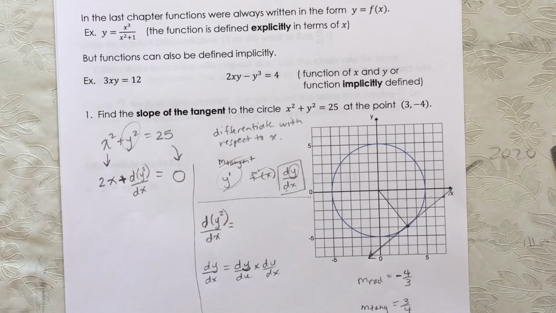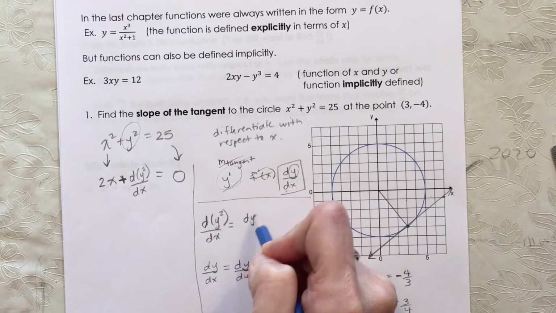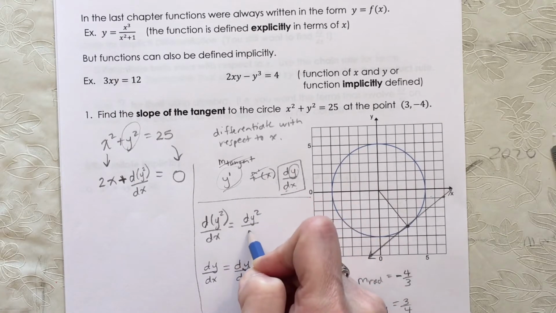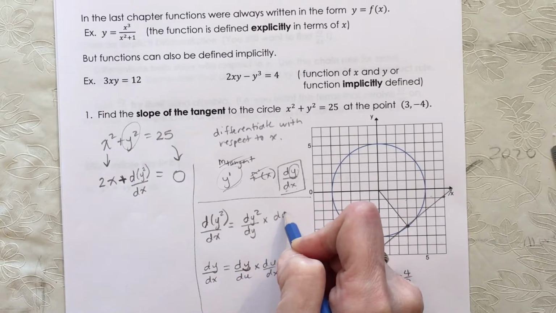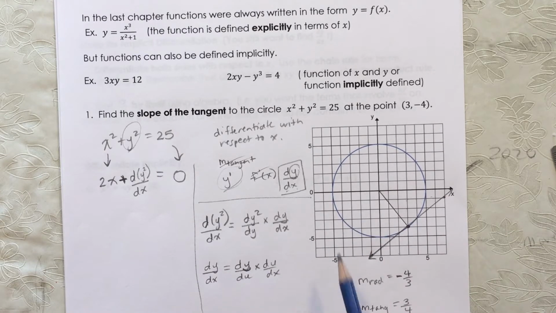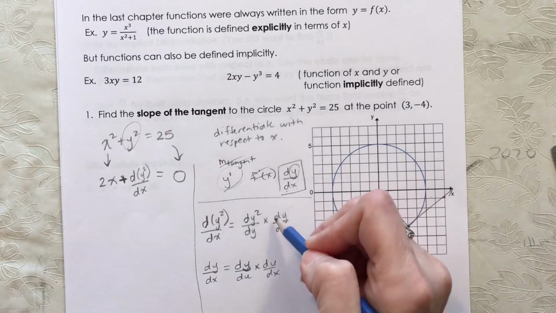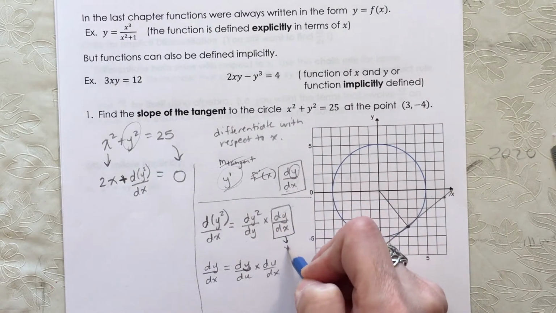But in our case, we're going to have our y be our u. So we're going to do the derivative of y squared with respect to y times the derivative of y with respect to x. You can think of these as dividing out, and then you're left with the derivative of y squared with respect to x. But this dy by dx is really important because it is y prime.